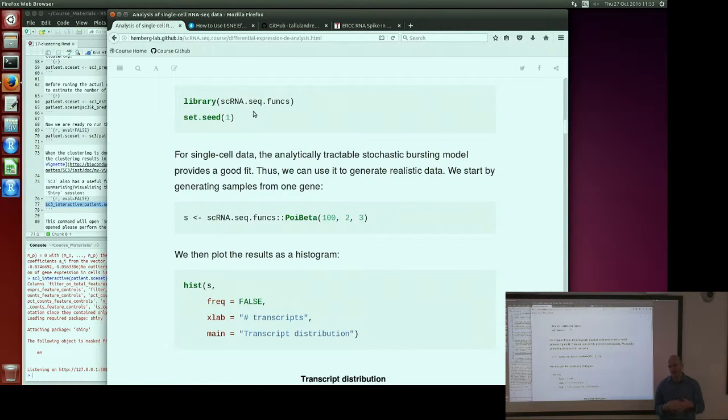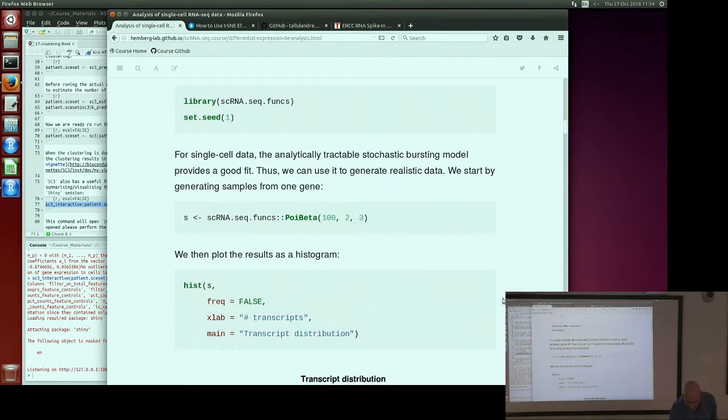This model actually has quite good biophysical underpinnings, because the beta distribution derives from a model where you assume a promoter which switches between an on state and an off state. You assume transcription happening at a fixed rate when you're in the on state, and no transcription when you're in the off state. And because of this random switching, you basically get amplification of the noise or the variability.